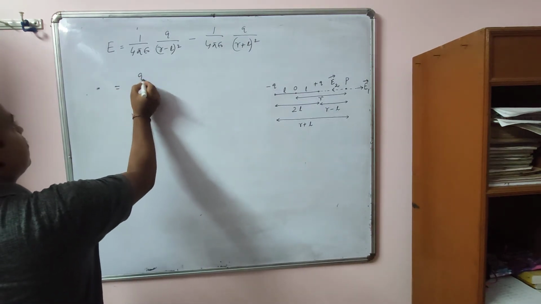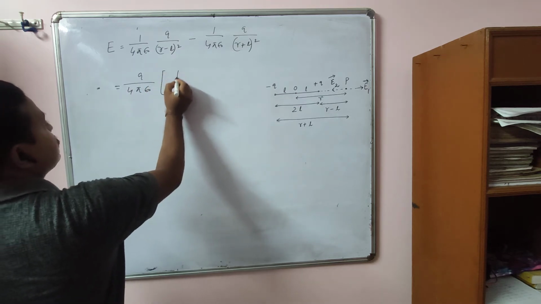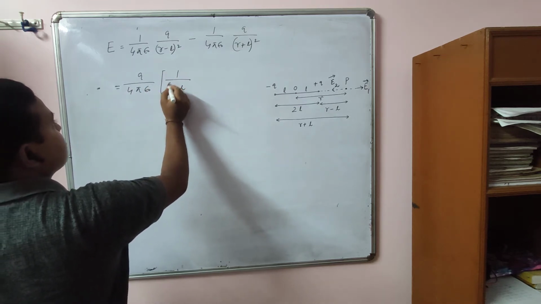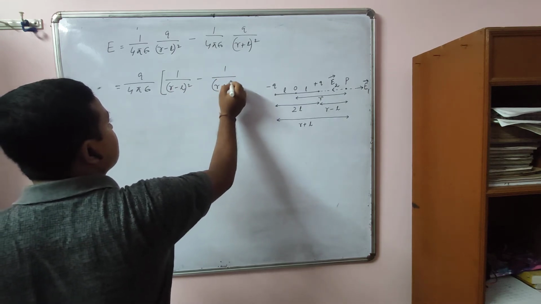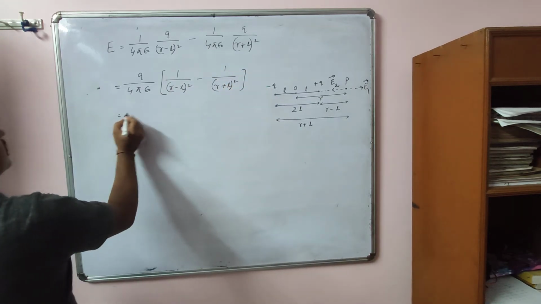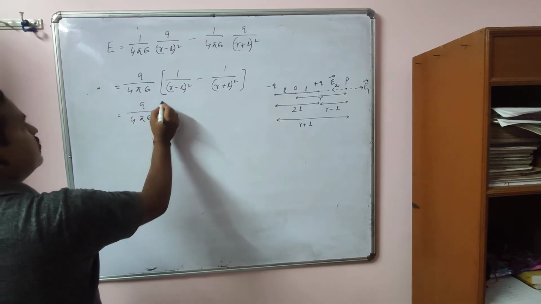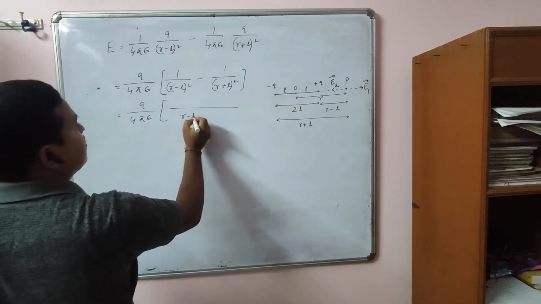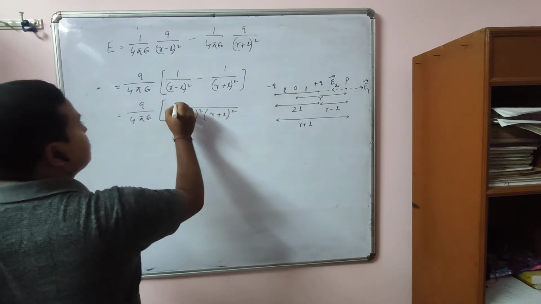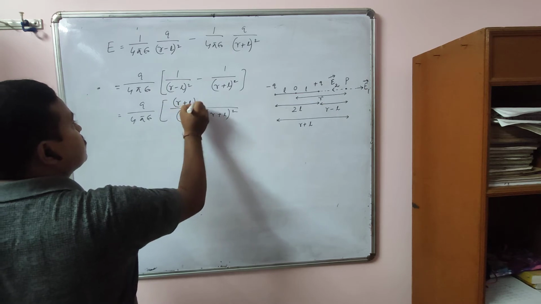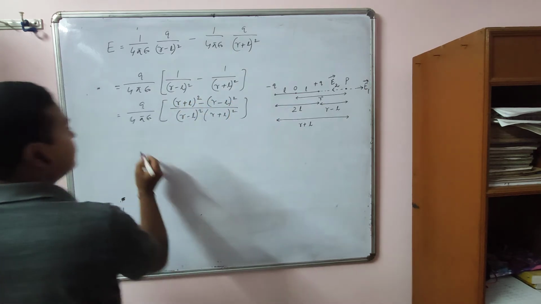Now you take q by 4 pi epsilon common, so it is 1 by R minus L whole square minus 1 by R plus L whole square. Take the LCM: R minus L whole square, R plus L whole square, so it is R plus L whole square minus R minus L whole square.